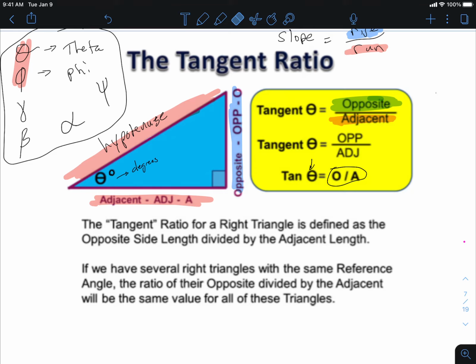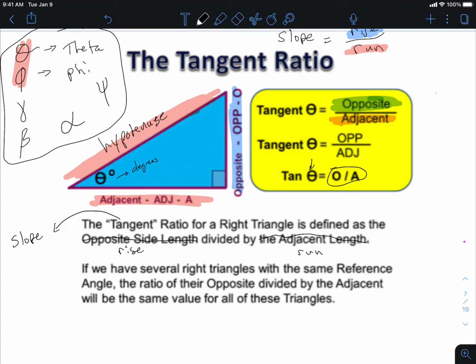You could substitute all these words out for the tangent ratio. We could say that represents slope. Slope for a right angle triangle is defined as the opposite side, the rise, divided by the adjacent side length, the run.